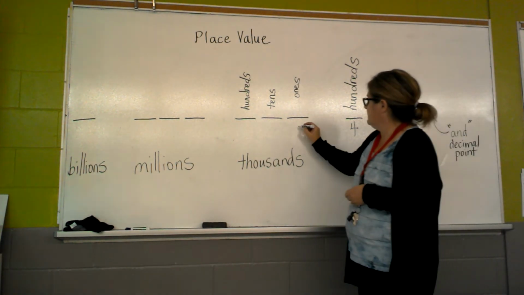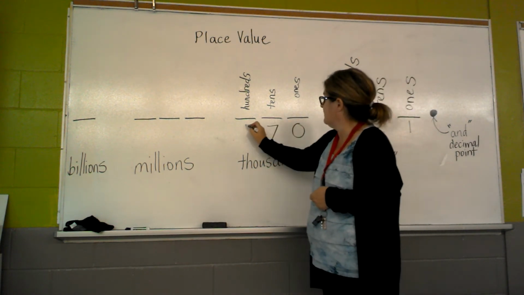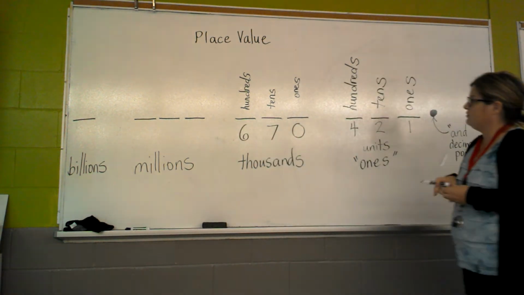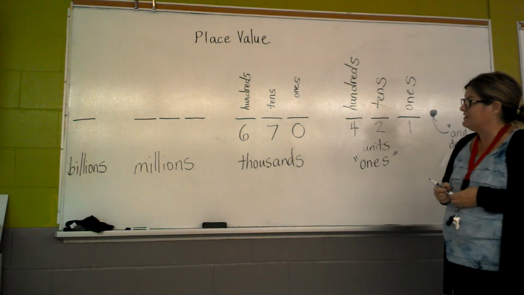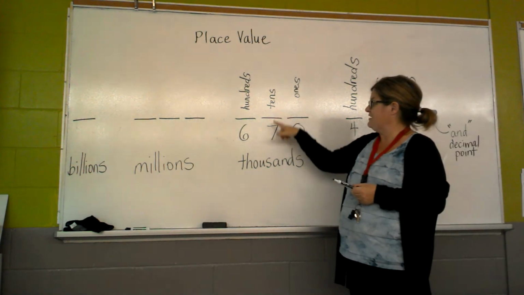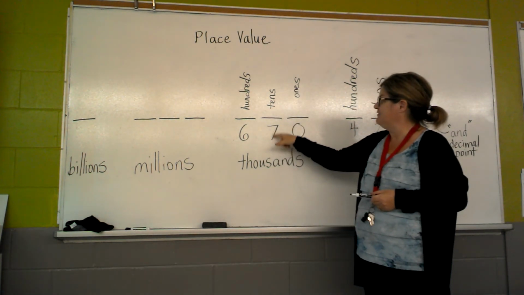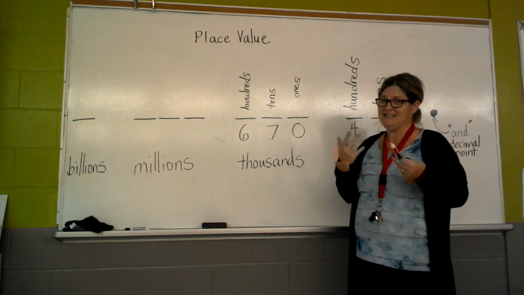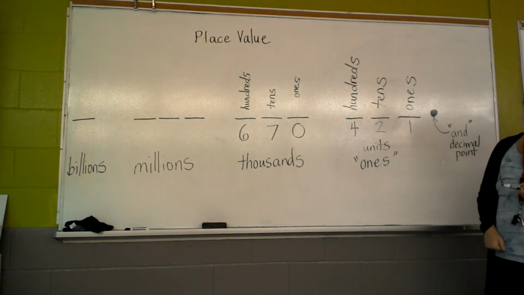You will notice that I'm going to insert the number 0 here right now, and a 7, and then a 6. And so if you were asked to identify what place value the number 7 is in, you would say I have 7 ten thousands, or 7 tens, which is equal to 70,421.